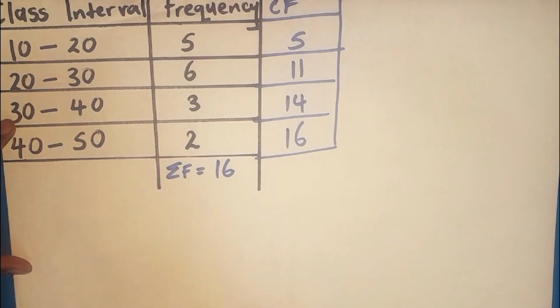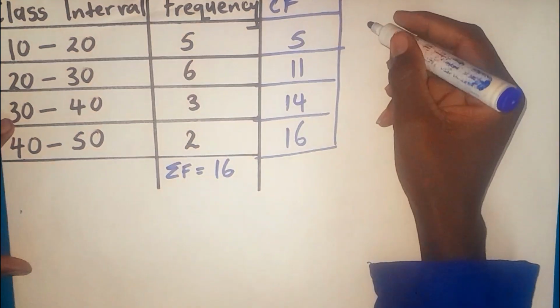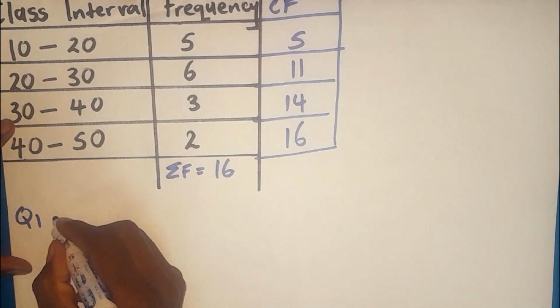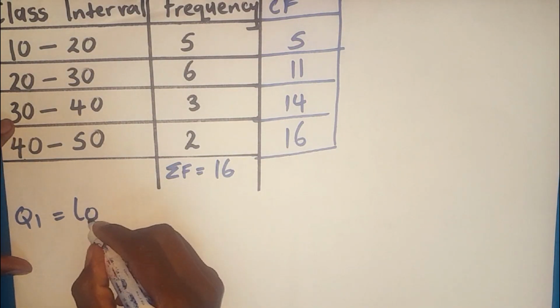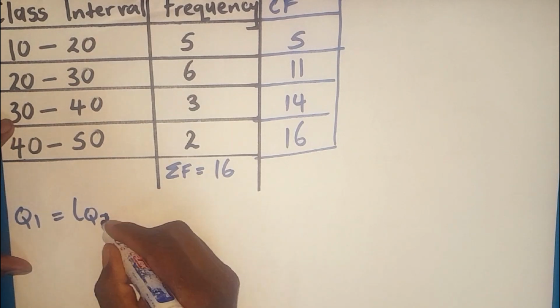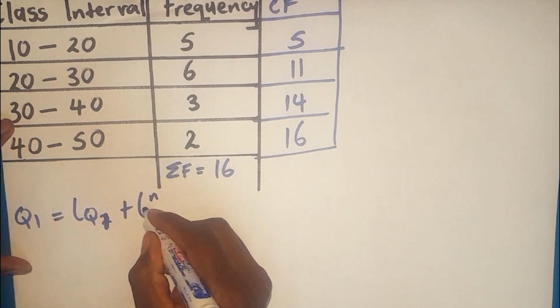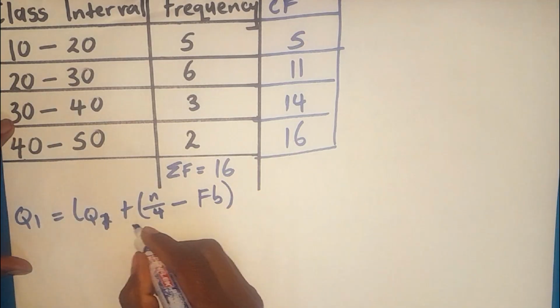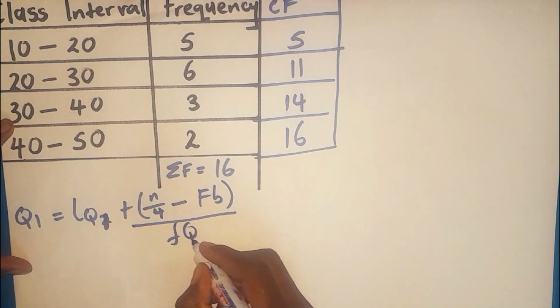After this, let us first write the formula. The first quartile is equal to the lower boundary of the first quartile plus n over 4 minus FB, all over FQ1.